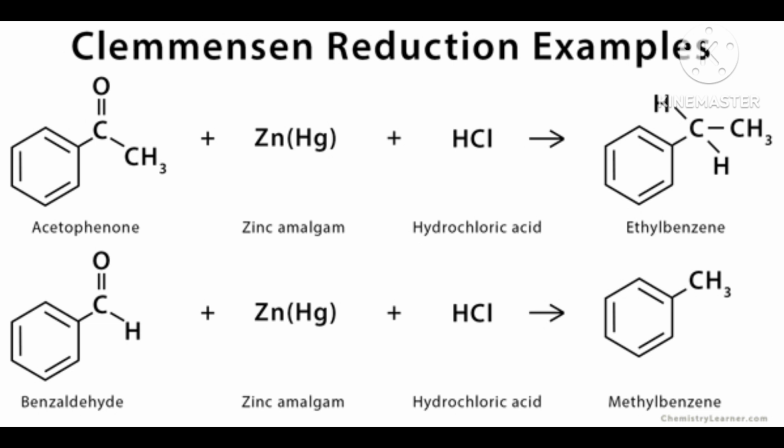Here the C=O group in presence of ZnHg, zinc amalgam and HCl, will convert to CH2 plus H2O, because reduction means it will supply hydrogen. In C=O, oxygen is there, then 2H plus O forms H2O, so O will go as H2O. The double bond between carbon and oxygen is broken, and in its place two hydrogens can join.